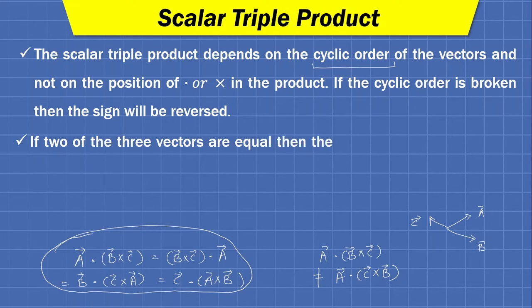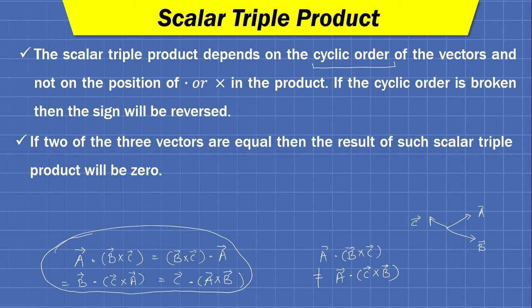Secondly, if two of three vectors are equal, then the result of such scalar triple product will be 0. It is also a very popular property of matrix determinants. For any matrix, here for a 3 by 3 matrix we will have 3 rows.